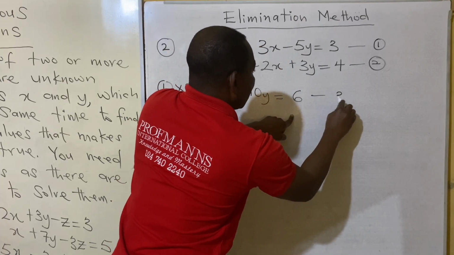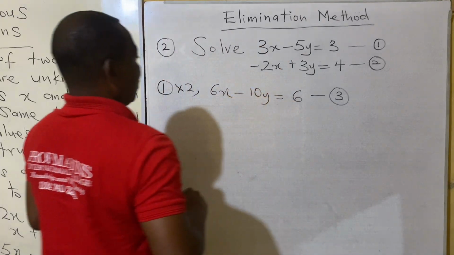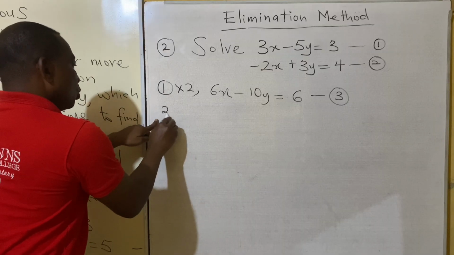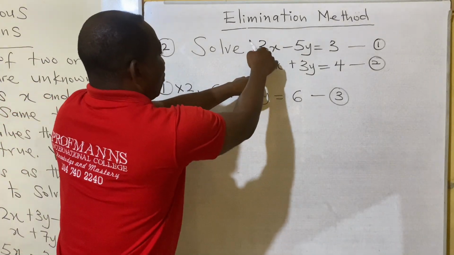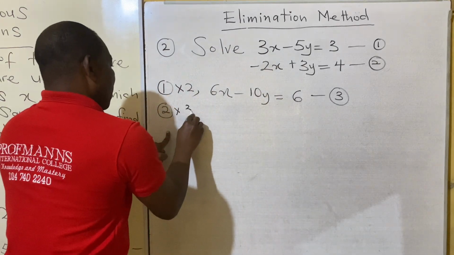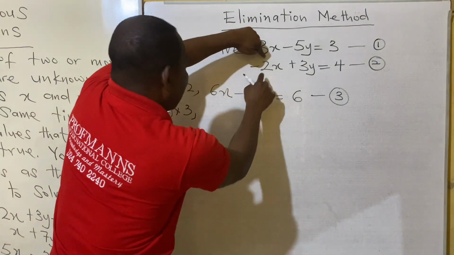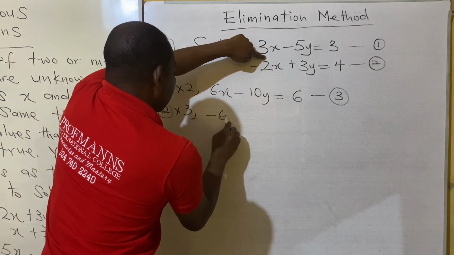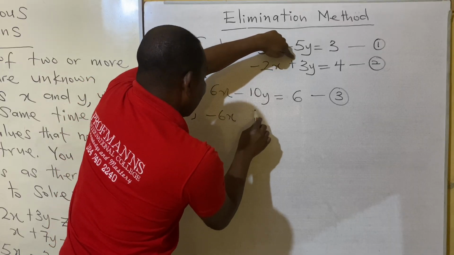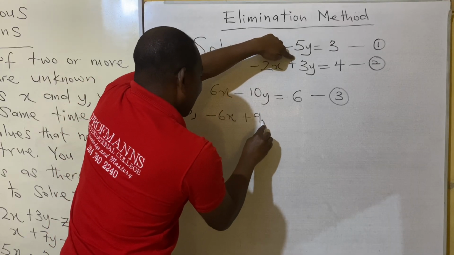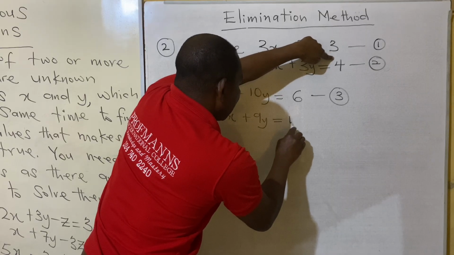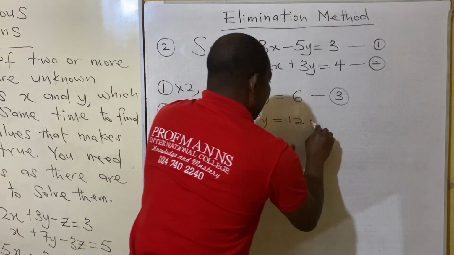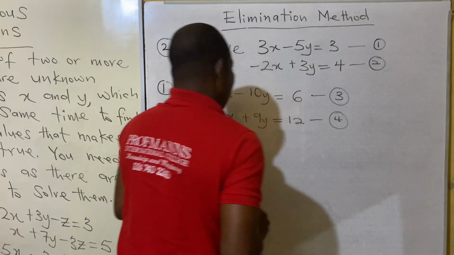So we call this equation 3. Then equation 2 times the other coefficient, which is 3. So this becomes minus 6x. 3 times 3, plus 9y. 3 times 4 gives us 12. We call this equation 4.